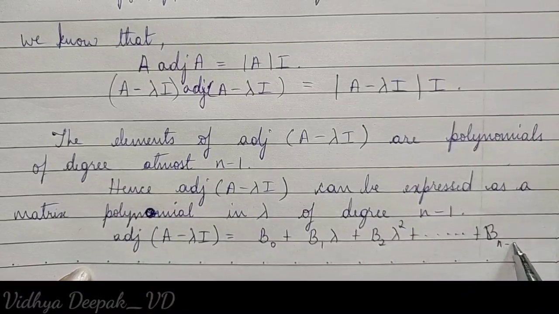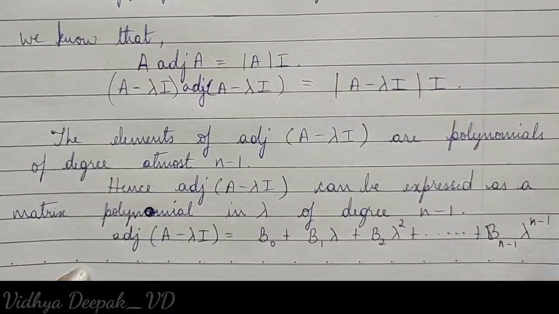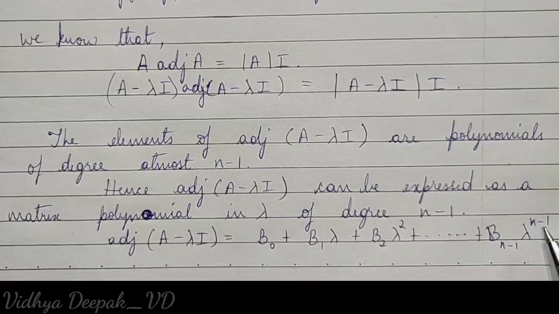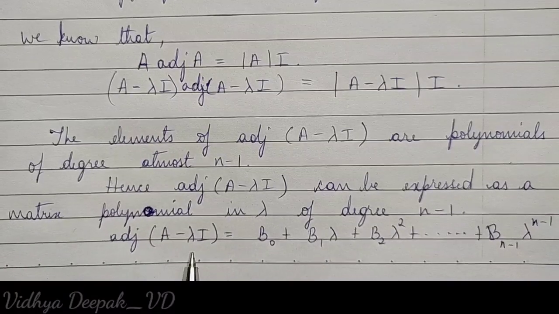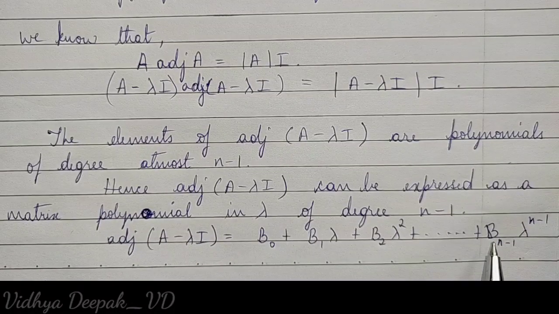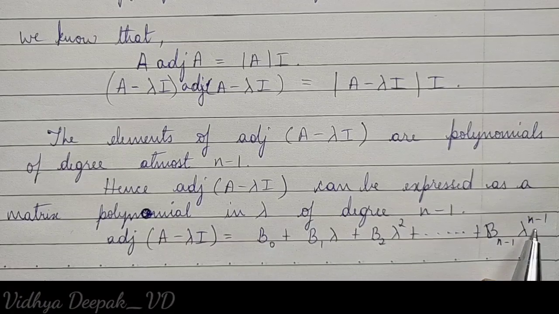B n minus 1 lambda n minus 1, because we know lambda to the power of n minus 1 is the highest degree we can use for adjoint here. Because the order of the matrix A was n and it should be 1 less than the order, so it is n minus 1.